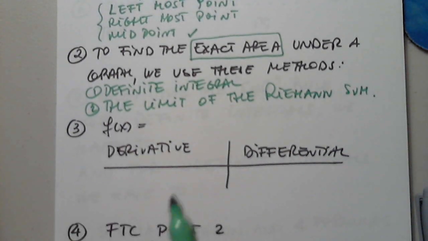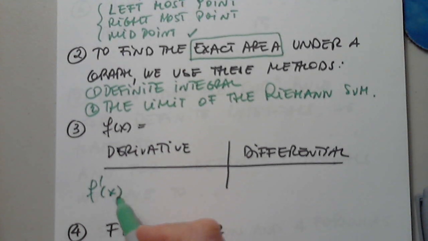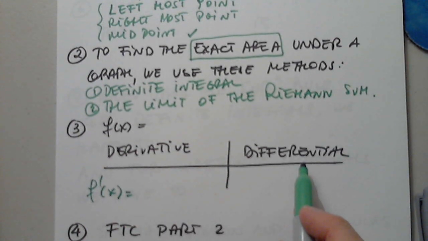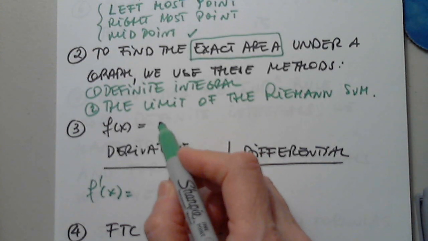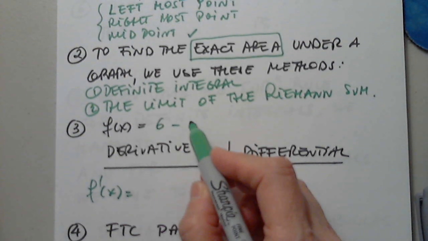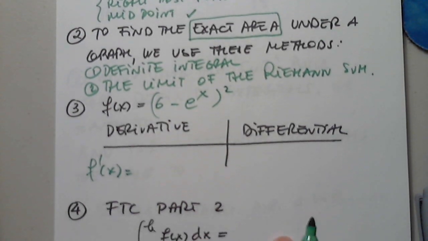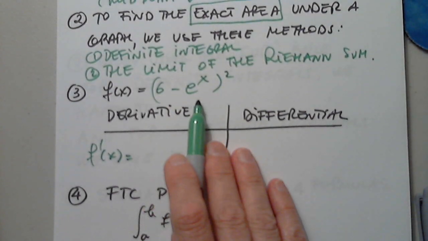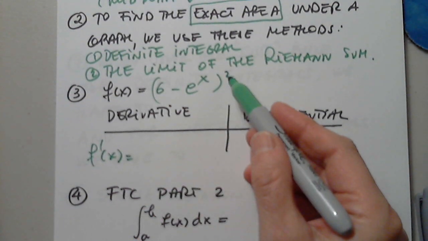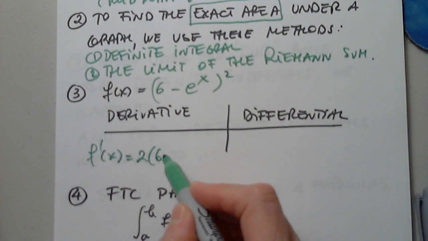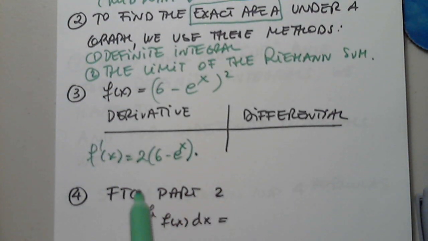Now let's make up a function, any function you want, and find the derivative and then the differential. Say 6 minus e to the power of x, all squared. The derivative is 2 times 6 minus e to the x, times e to the x.